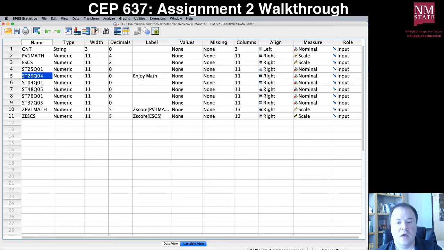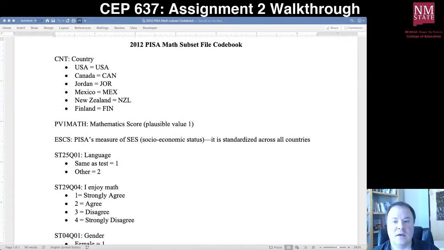Okay. And if we look back at the codebook file, you will see enjoy math has 4 levels in it. Strongly agree representing 1, strongly disagree represented by the number 4.